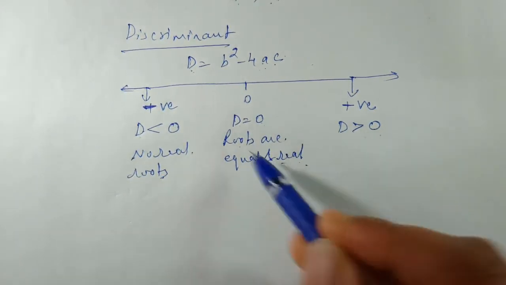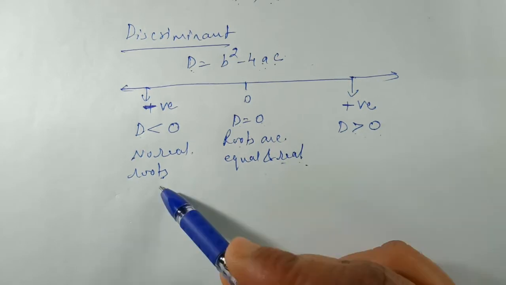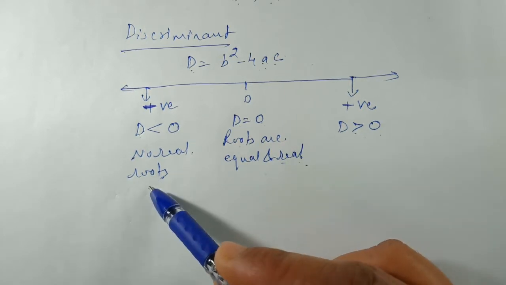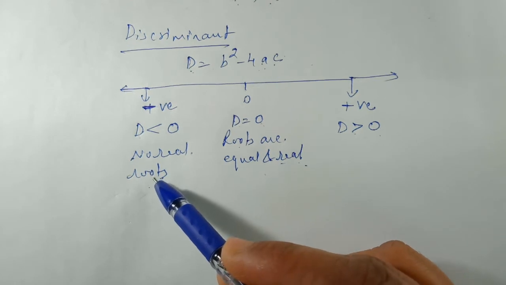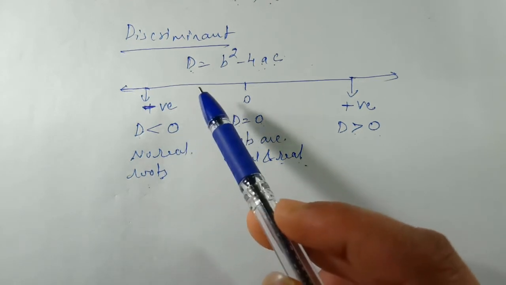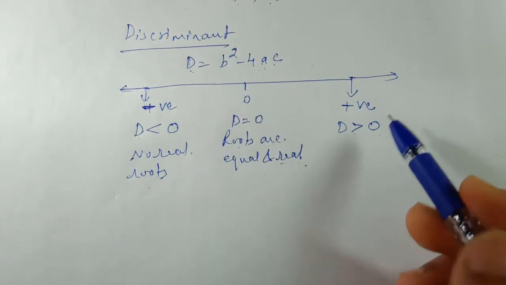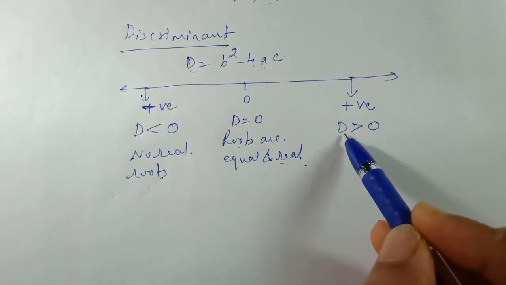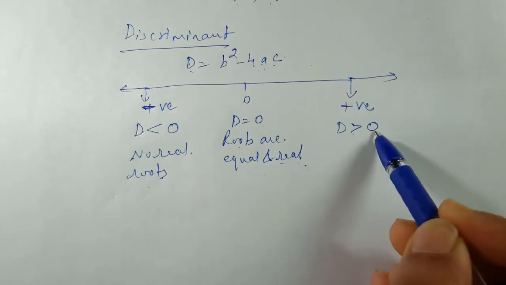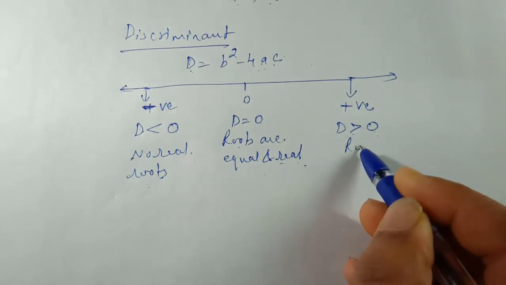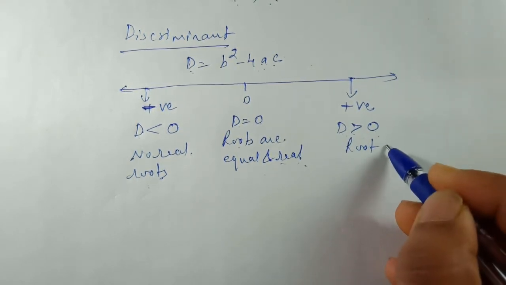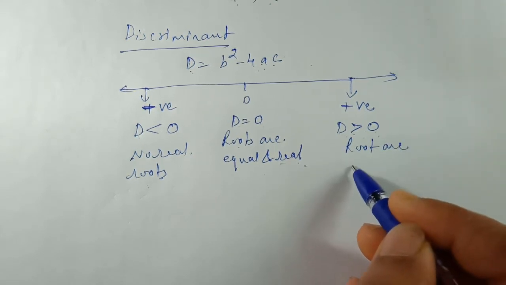It means that when we do the calculation, x gets cancelled from both sides, meaning it is removed. If the value is positive, meaning D is greater than 0, then we have roots, but the roots are different.